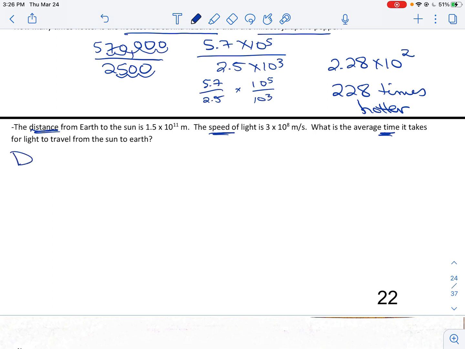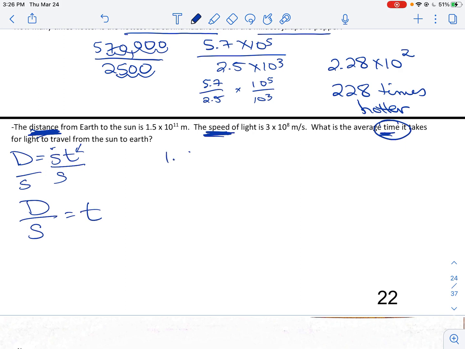Hopefully you have learned in your science class something that looks like this. Now, when you're in math, this S is usually an R, but same thing. So we have the distance, we have the speed, but we're looking for the time. So I need time to be by itself, so I'm going to divide by S. So I have distance divided by the speed of light, which will get me the time.